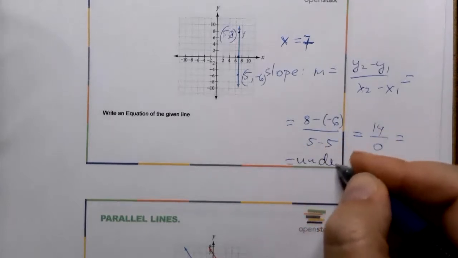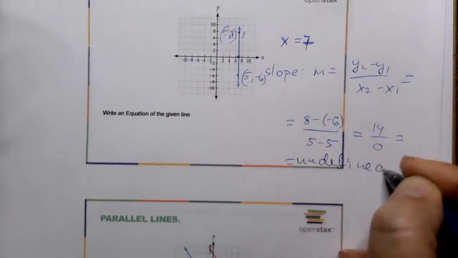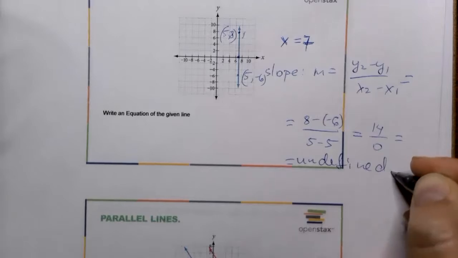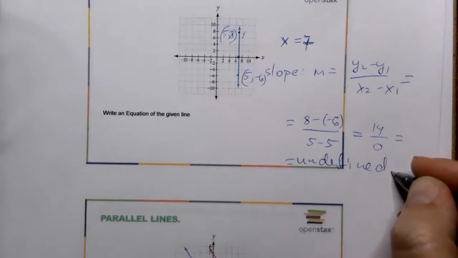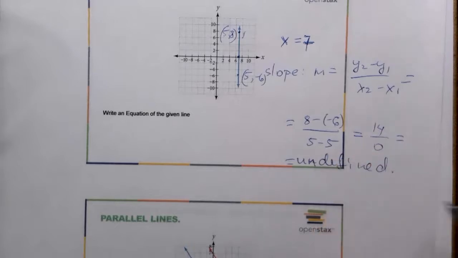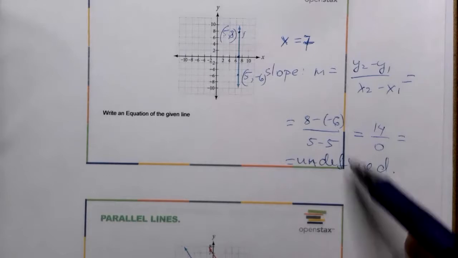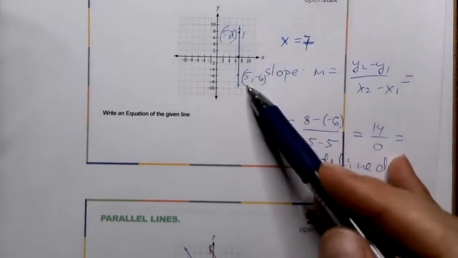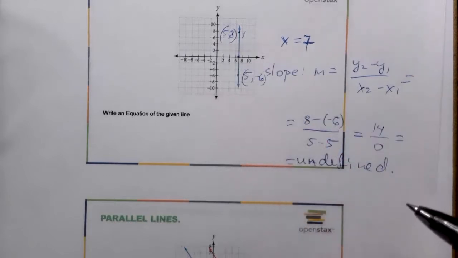Nobody knows what it is. Division by 0 is undefined. It's a big no-no in mathematics. And in calculus, you will go to great lengths to avoid division by 0. So please remember that division by 0 is undefined, and therefore the slope of the vertical line is undefined.